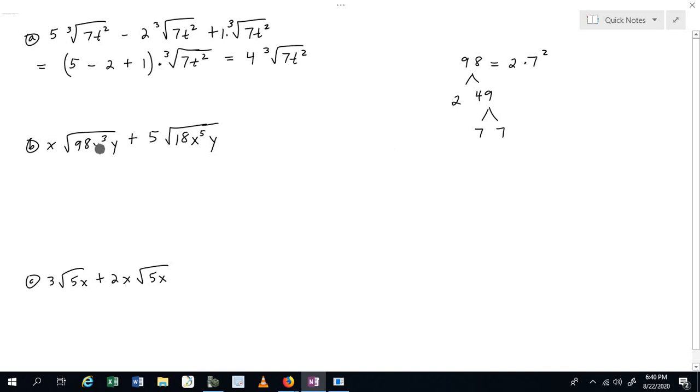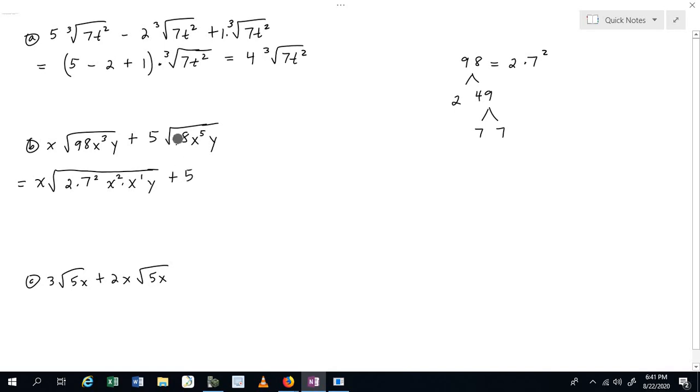Okay, and then I'm going to write that out: 2 times 7 squared. And then you have this x cubed. What I'm going to do with that x cubed, of course, is write it as x squared times x, because I want to match the index of the radical, which is a 2. Now notice there's still 3 x's here, right? So 2 plus 1 gives me 3. And then times y.